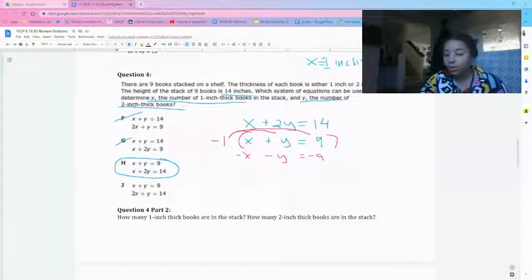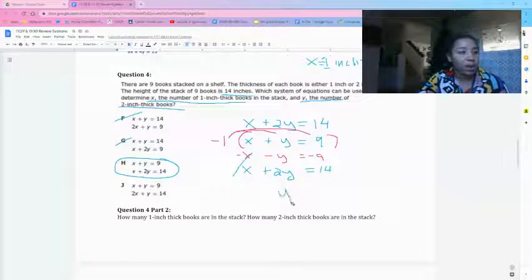And then we're going to have x plus 2y equals 14. And this would be y equals 5. So we know that there are 5 2-inch books.